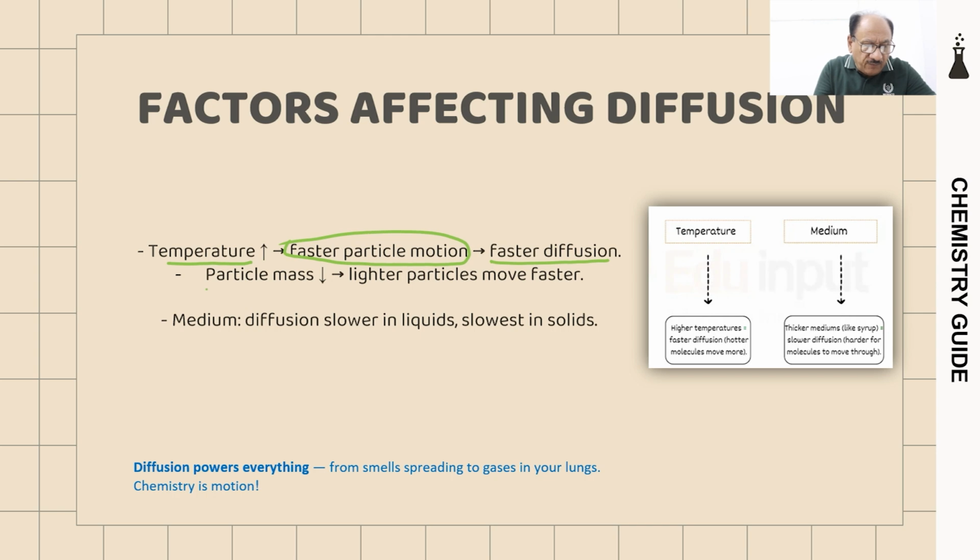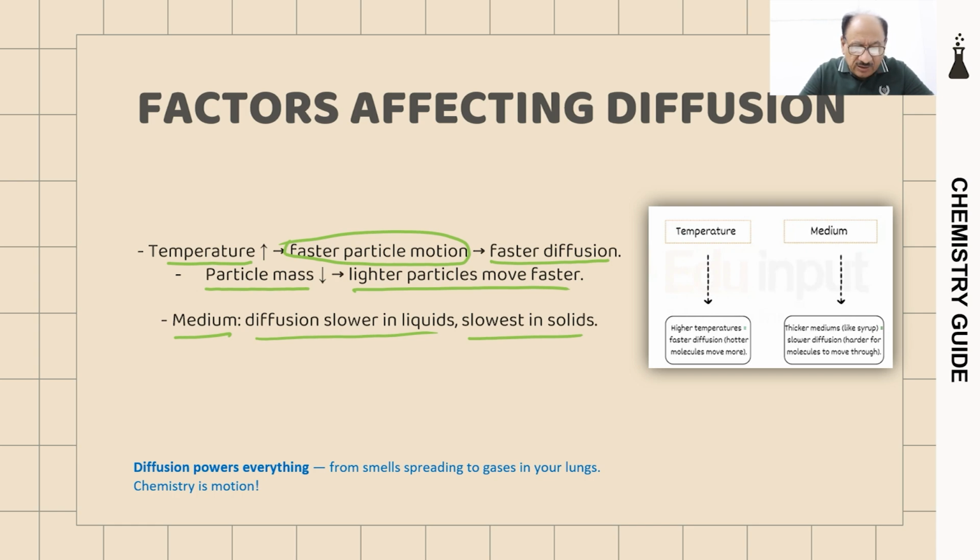In the case of particle mass, heavier particles have lower diffusion, and lighter particles move faster. So it depends upon the mass of the particle and the kinetic energy of the particle. Then the medium: diffusion is slower in liquids and slowest in solids.